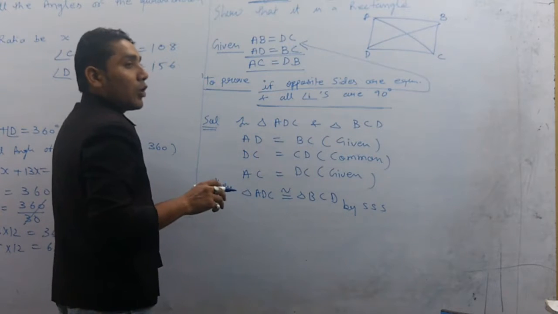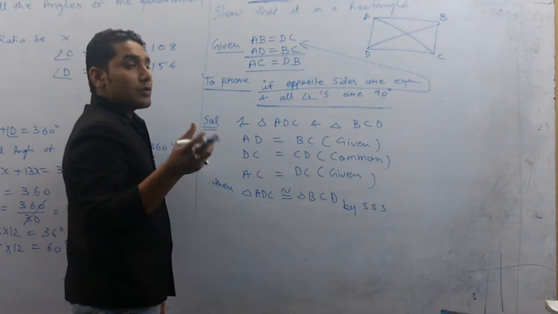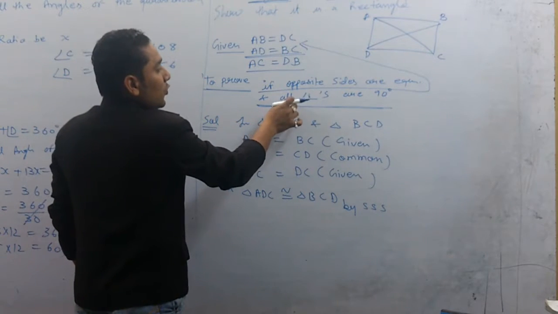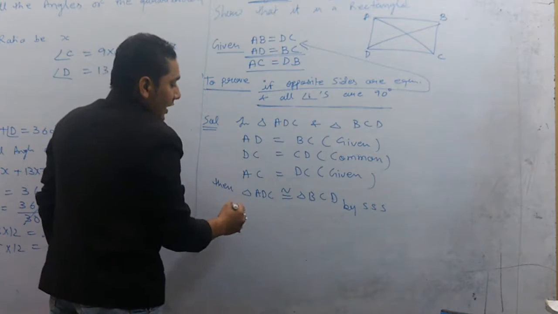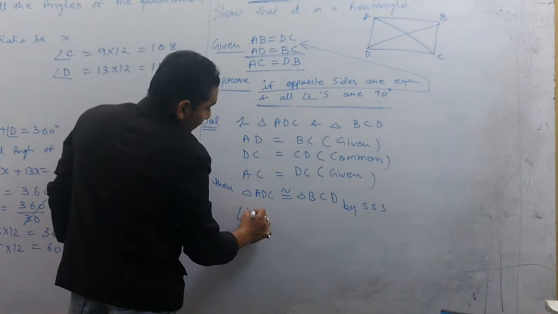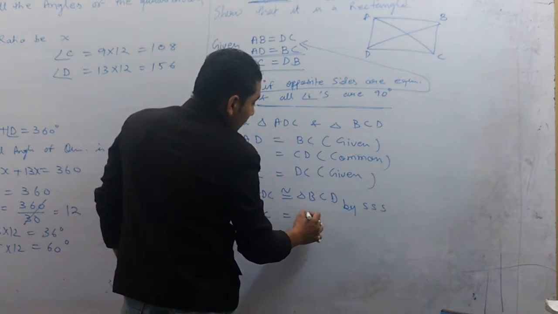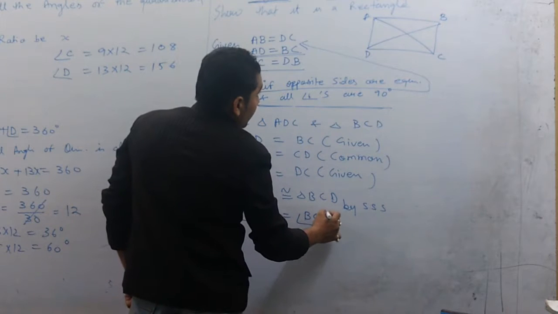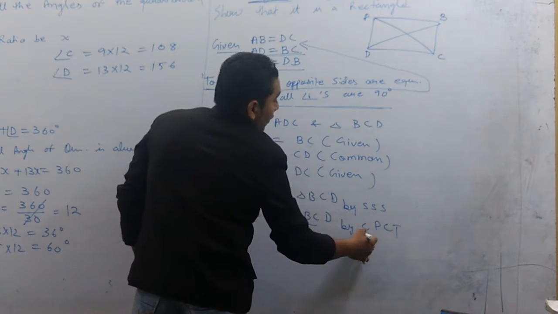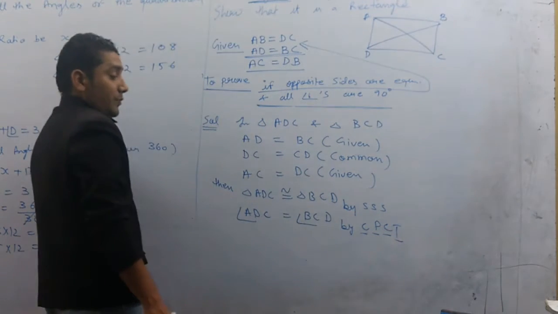If two triangles are congruent, corresponding angles are equal and also corresponding sides are equal, but we need angles to prove angles are equal. Then we only take angles. Then we write angle ADC is equal to angle BCD by CPCT, corresponding parts of congruent triangles, the full form of CPCT.